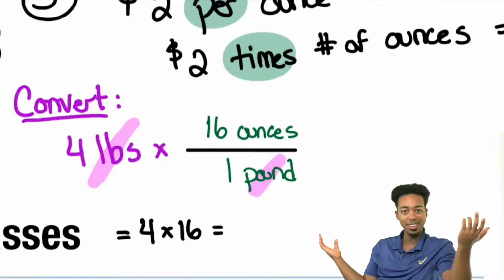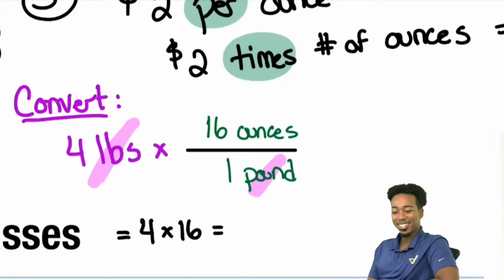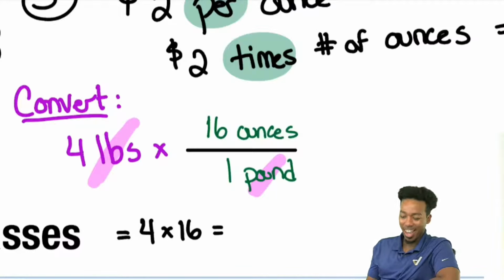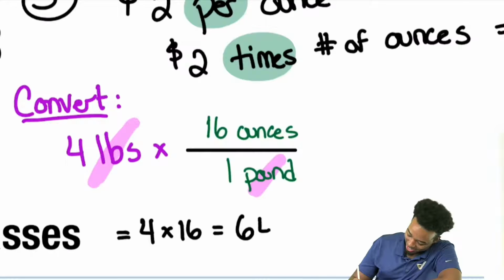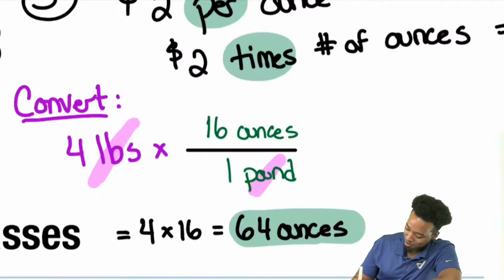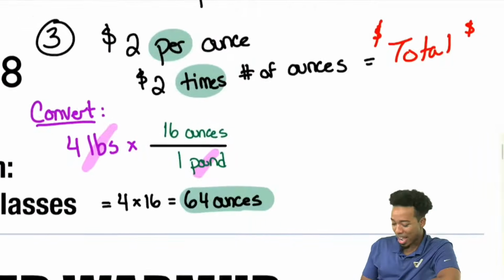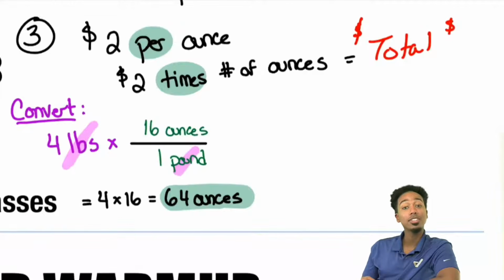Come on, we're getting lazy here. Ounces. Thank you. Equals 64 ounces. Come on, we got to be specific here, my party people. But now that we got the 64 ounces, now we can finish this off.